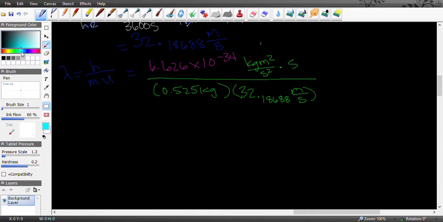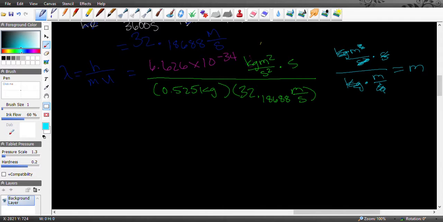Just for a quick check, just to be safe, let's do the units off to the side. Kilograms meters squared over seconds squared times seconds, divided by kilograms times meters per second. All right, so that's going to be taken care of here and here. One of those seconds is taken care of. Kilograms cancel, so we'll end in meters. Perfect.